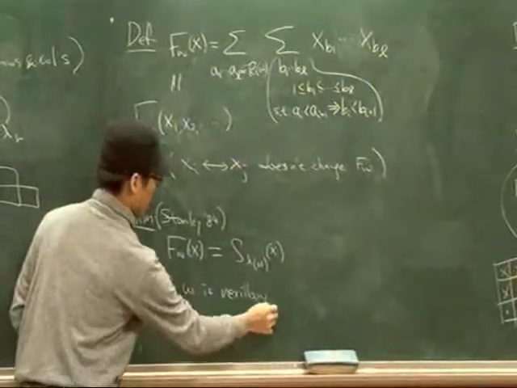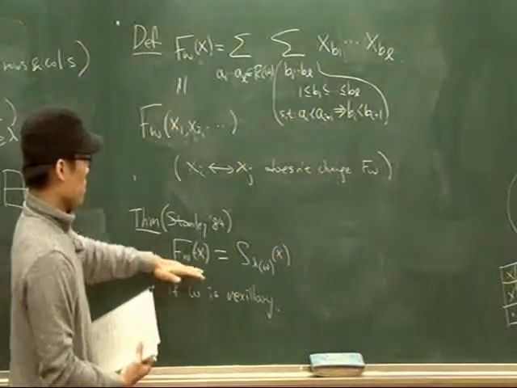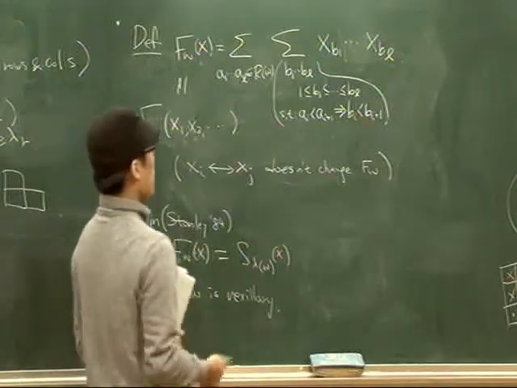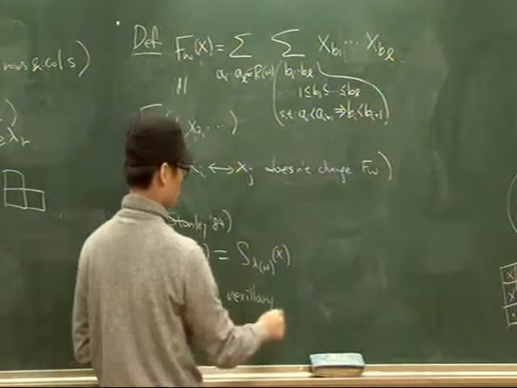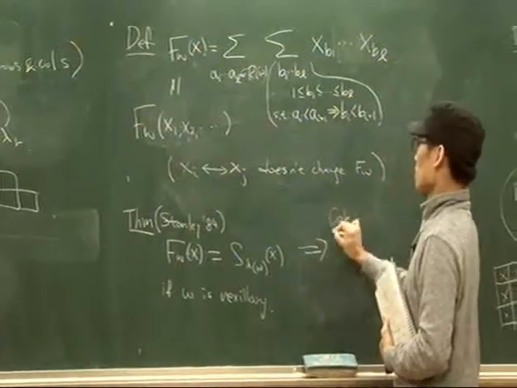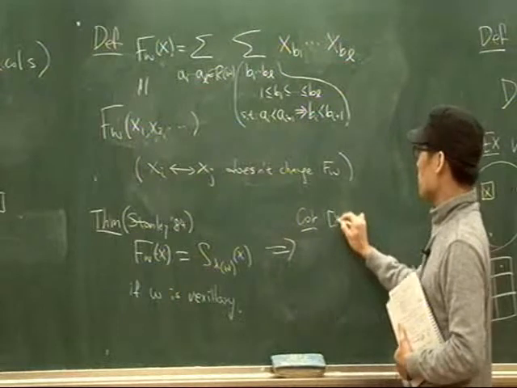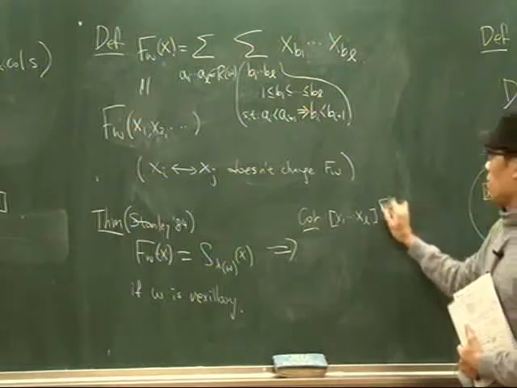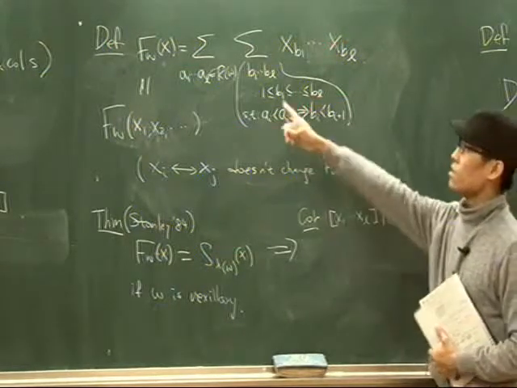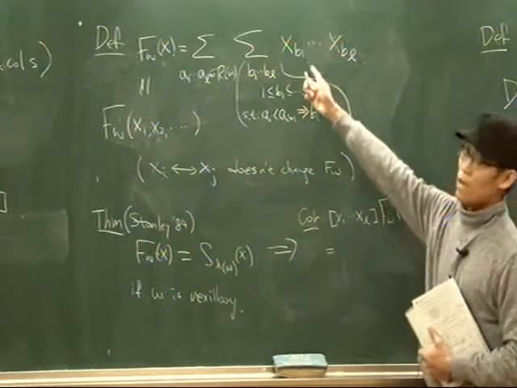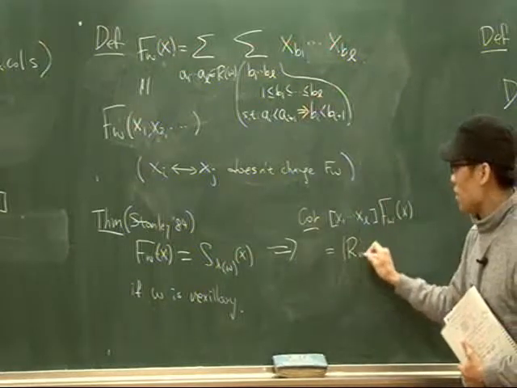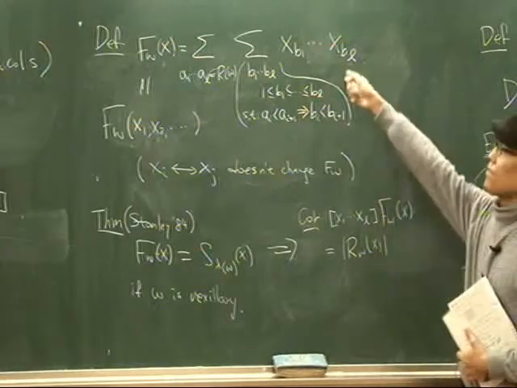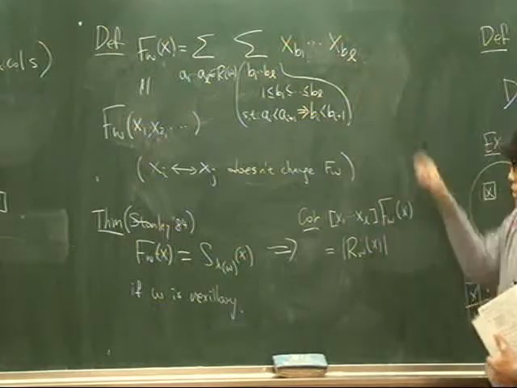So he proved that this F_W is the Schur function when W is vexillary, and if we look at the coefficient of x1 through xl of this symmetric function, from the definition it's the number of reduced words of W. This is immediate from the definition.